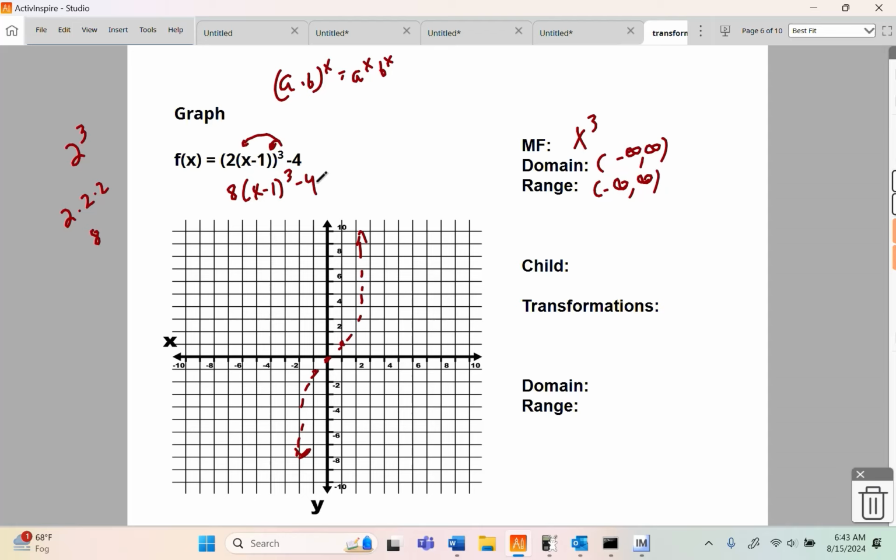We have a couple of transformations here. We have a right 1. We have a down 4. And the original transformation here, I need to talk about that. The original transformation was a horizontal compression.